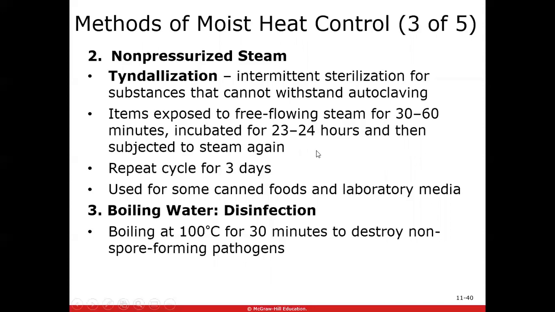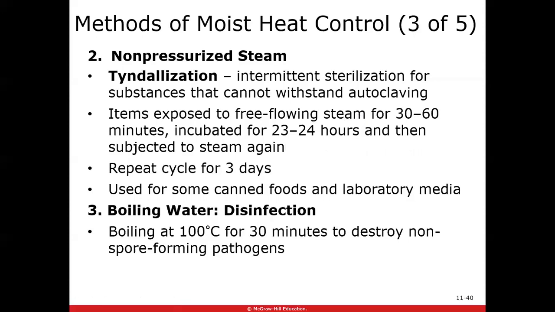What we're doing with this is, since the substance cannot withstand pressure steaming and we can't get it up to a certain temperature, we kill all of the vegetative bacteria in the 30 to 60 minutes. Then we incubate it for 23 to 24 hours. That means any spores that are there will start to sprout and become vegetative.